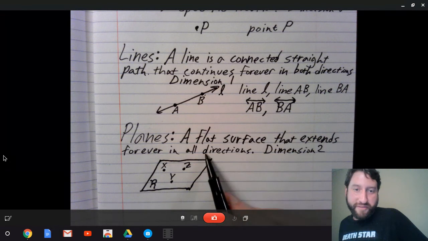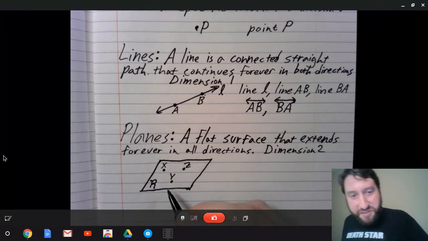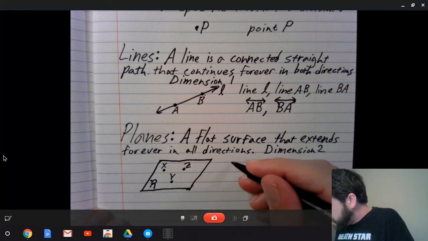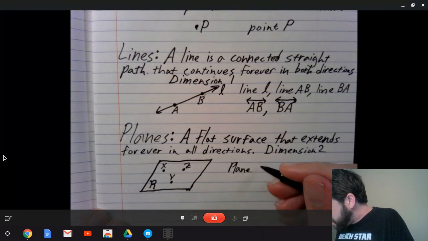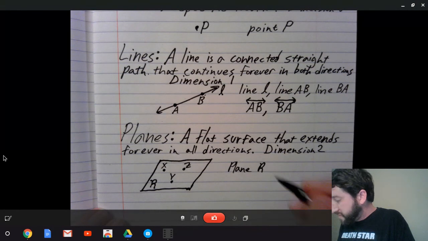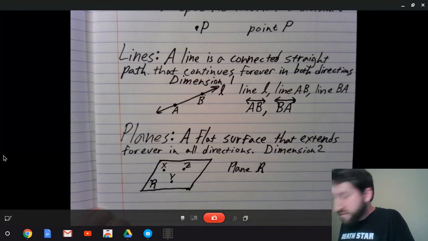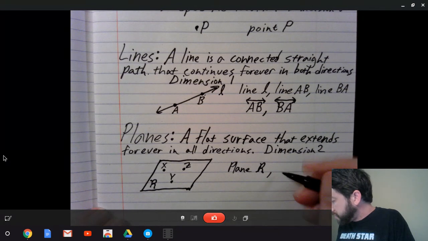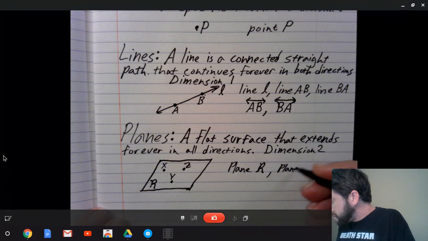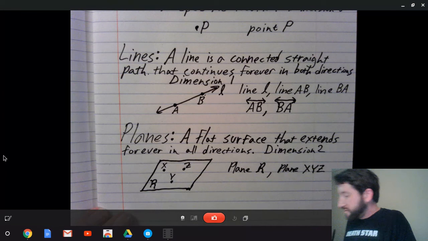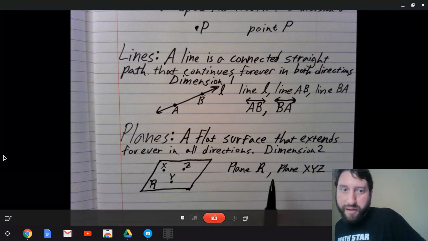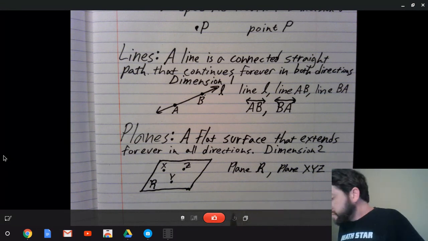There's a certain pattern to this. So this is a picture of a plane, and I can call it plane R, or I could say plane XYZ. So 2 different ways I can write this out in a paragraph. So that is a plane.